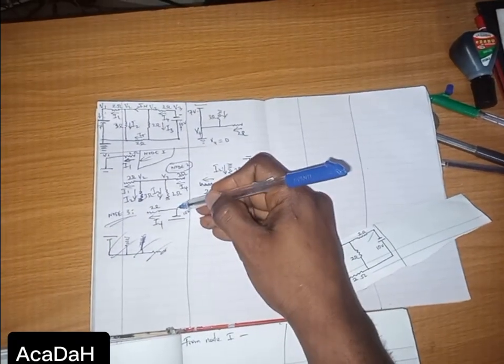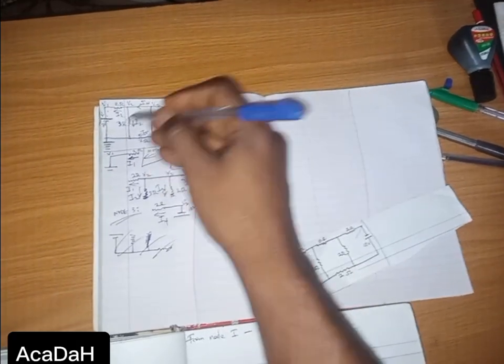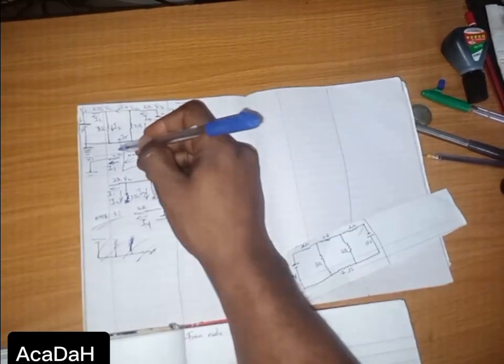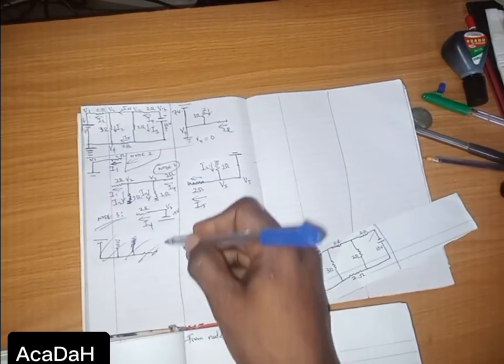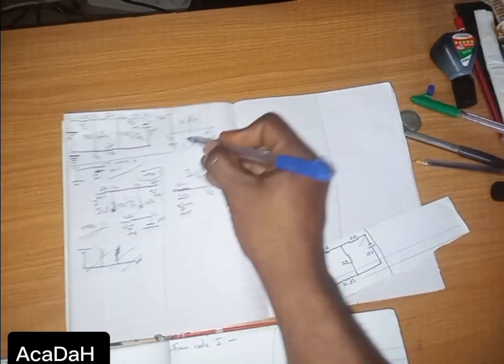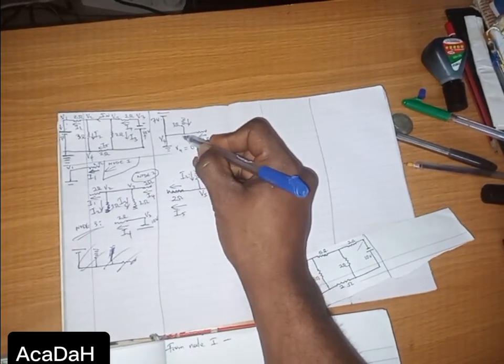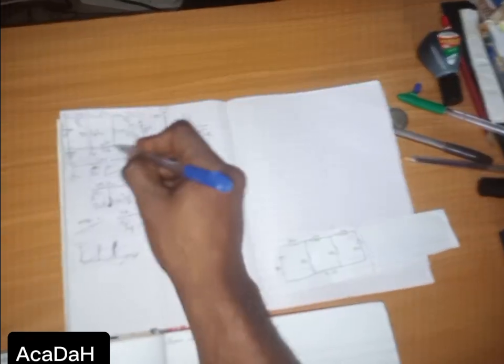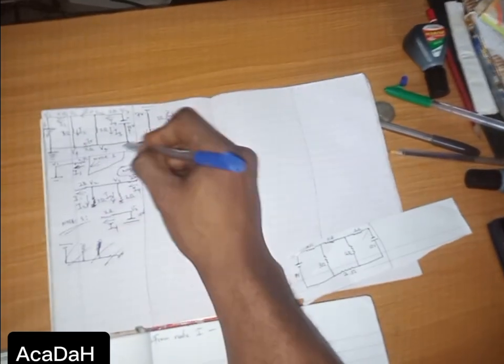Yes, here now node 3, V3. So node 3 has voltage 3, node 2 has voltage 2, node 1 has voltage 1. This is V4 also. Everything here is V4, and it's on the ground, while this side is V5.